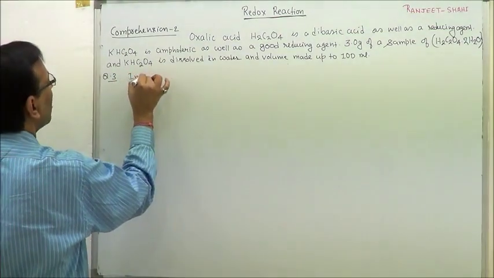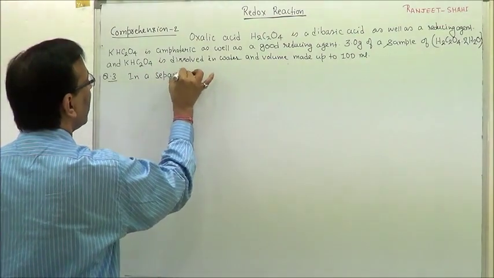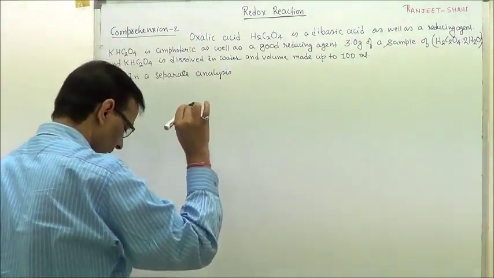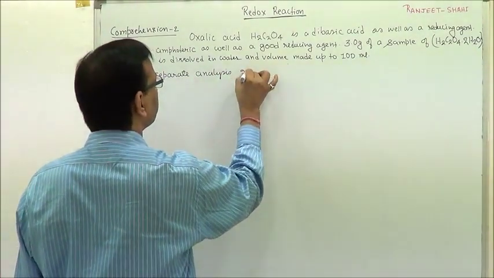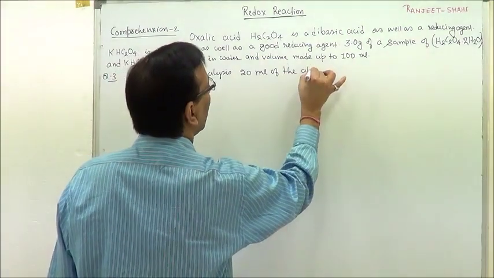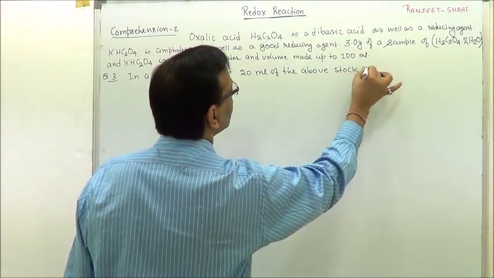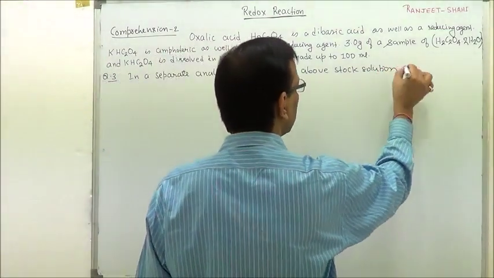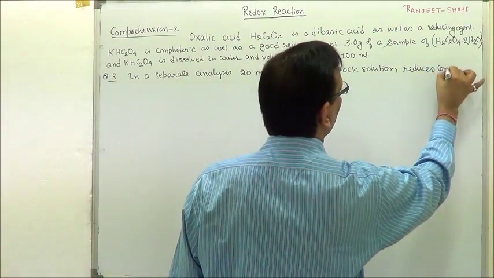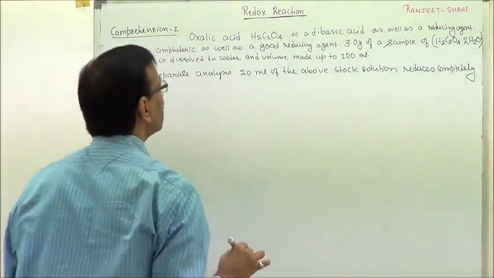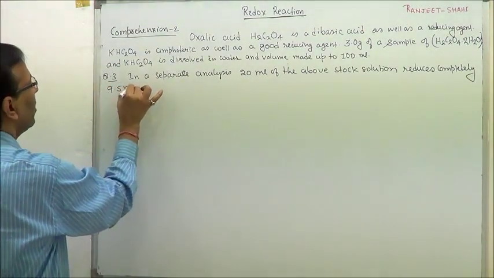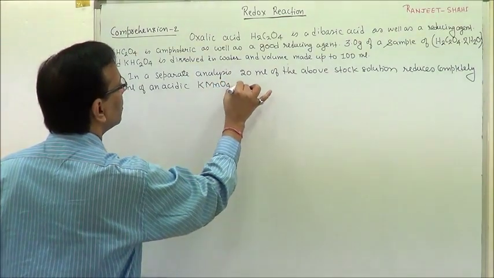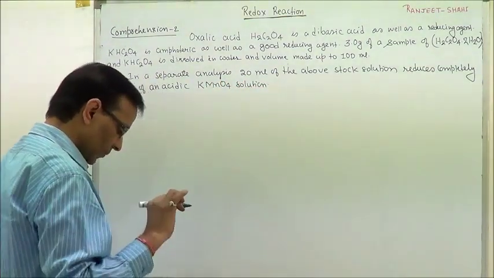It is said that in a separate analysis, 20 ml of the above stock solution reduces completely 9.5 ml of an acidic KMnO4 solution, acidic permanganate solution.